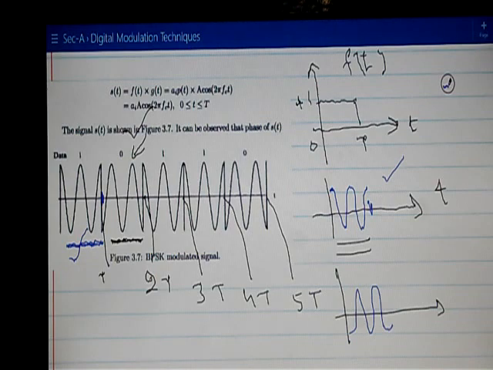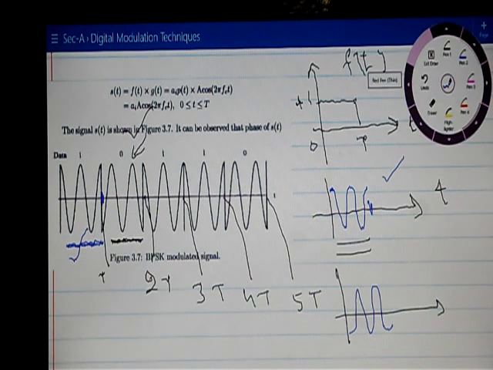Similarly, for the third one, again you have 1, so the waveform will be a cos of omega ct, which is shown from 2t to 3t, right? And then from 3t to 4t, you have again a cos of omega ct, and you can see this waveform here.